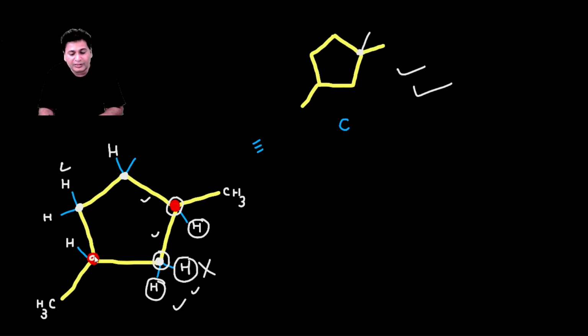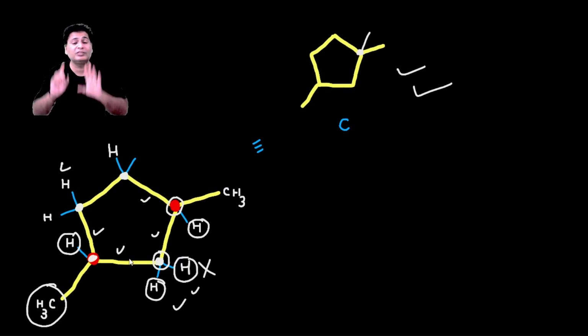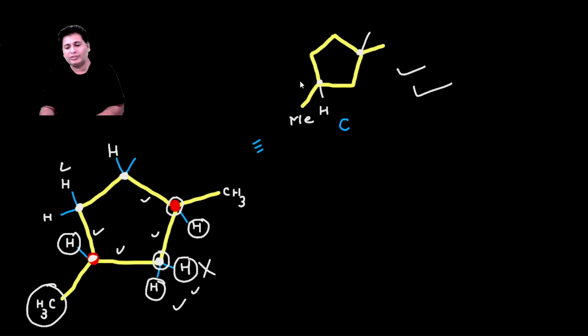Once you come to this carbon, again you find that hydrogen is different from methyl, and now in order to judge whether these two are the same or different groups, you have to do the same thing. You have to start walking clockwise and anti-clockwise. So I will do it in this picture. So here hydrogen is there, methyl is there. Now you start walking in a clockwise direction and anti-clockwise. So one step you go ahead, you meet 2 degree.